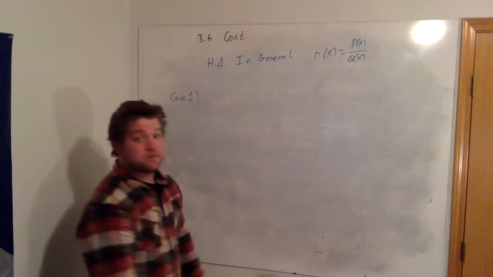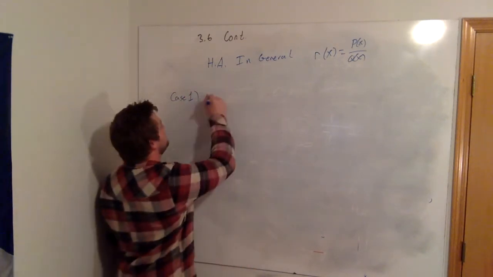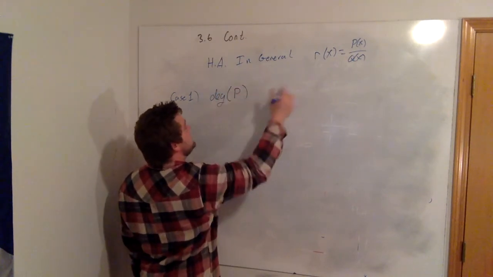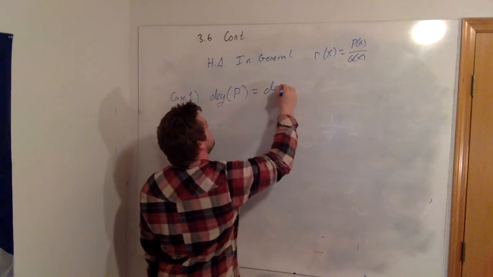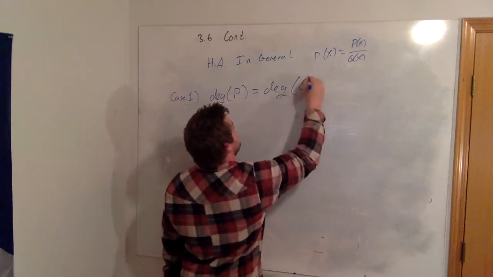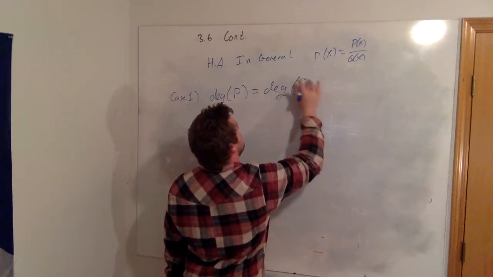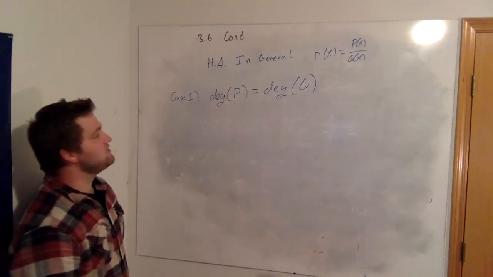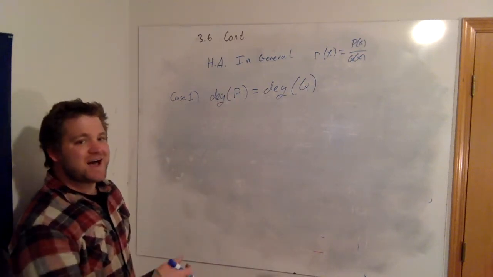What if the numerator and denominator have the same degree? So the degree of the numerator, the degree of p, is going to be equal to the degree of q. What's going to happen in this situation is that the numerator and denominator are going to be tied in the war.